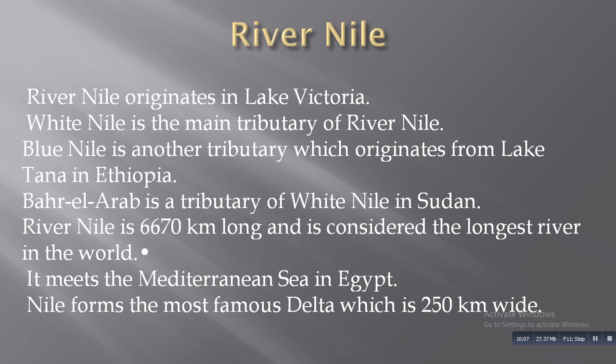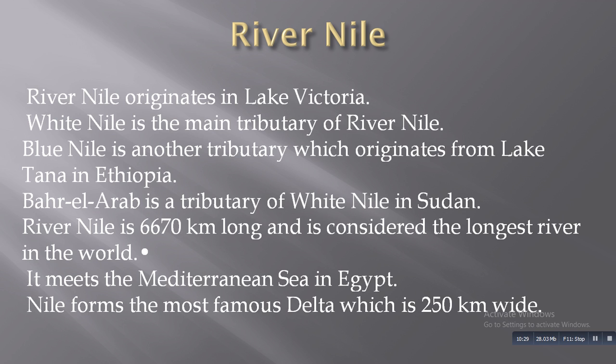Tributary means a small river which joins into the main river. So the Nile's tributary is White Nile. Blue Nile is also there. The Blue Nile is another tributary. Two tributaries are there: one is White Nile, another one is Blue Nile.